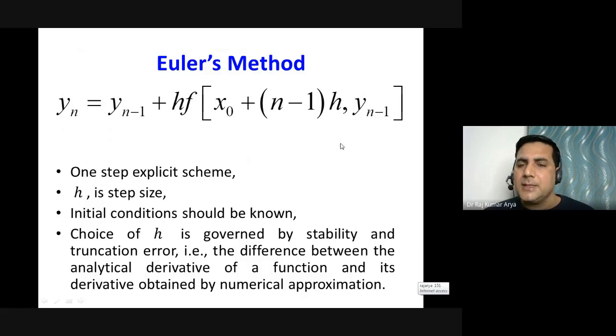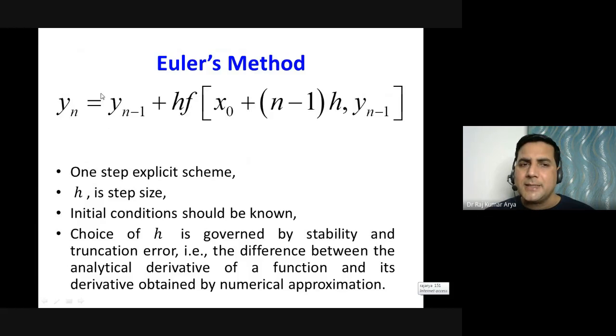So these are the initial value problems: you know what the value of y should be corresponding to the value of x in the beginning. You know everything at the beginning. Let's say you are solving for y, which is a function of x and y. You know the value of y at x equal to 0. That's called an initial value problem.